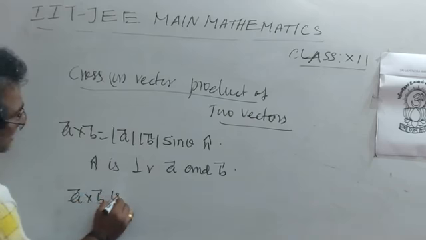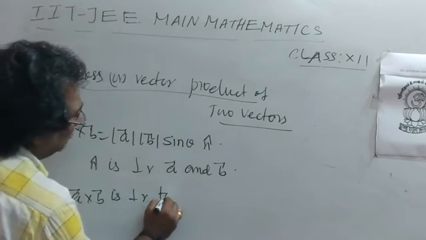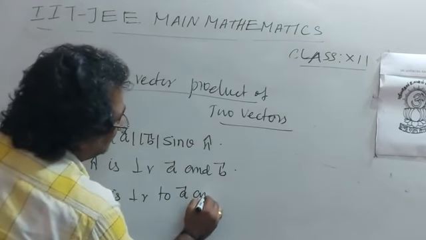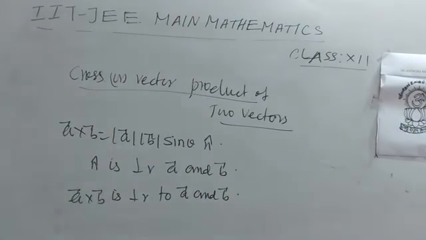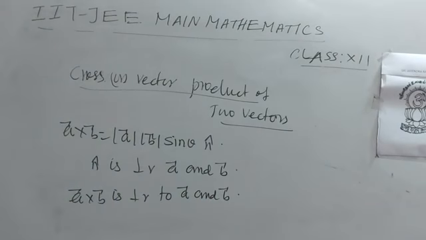A vector cross B vector is perpendicular to both A vector and B vector.